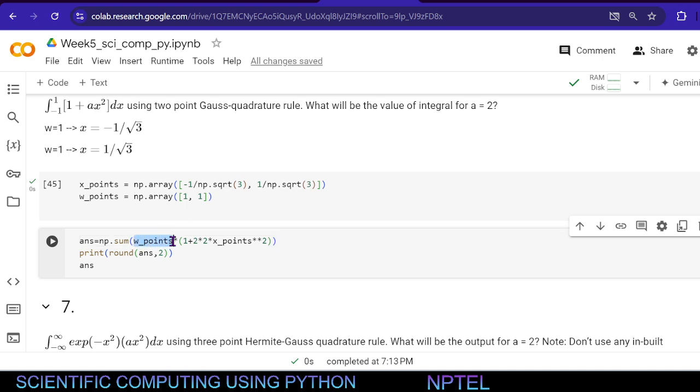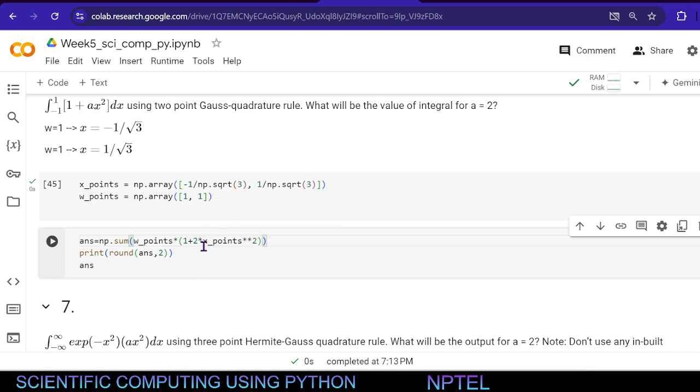So this will do w points times f of xj. f of x is 1 plus 2x squared. So 1 plus 2 times, not 2 times 2, 2 times x point squared. This is why you should always be aware when you are using AI. It could do these kinds of silly things. So 1 plus 2 times x point squared.